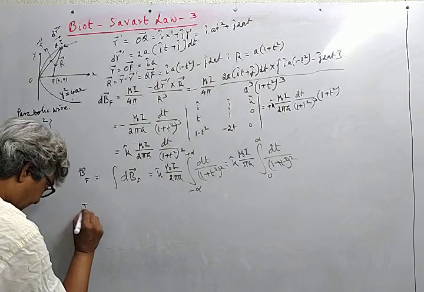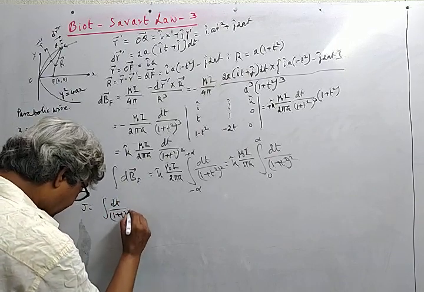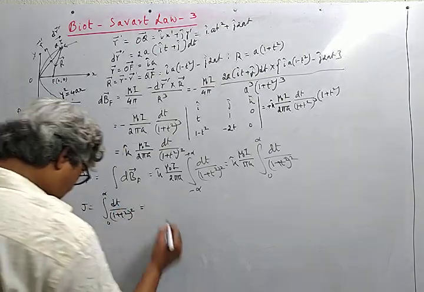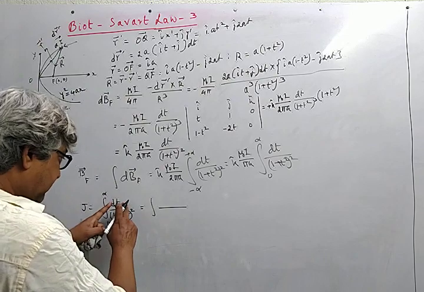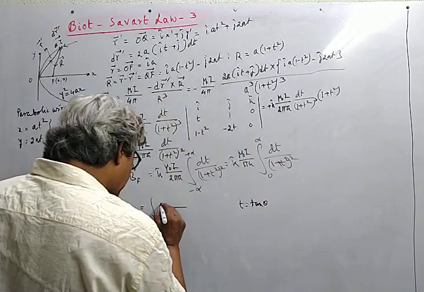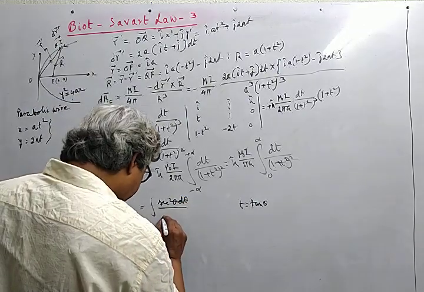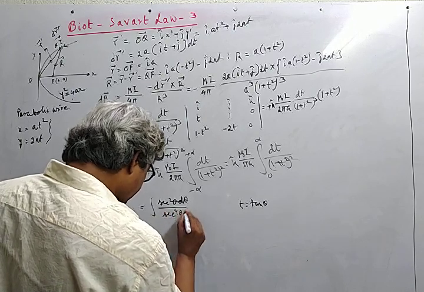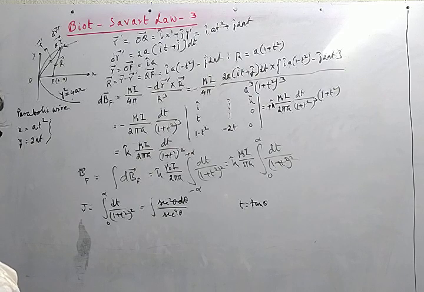We write t as tan theta, so dt is sec square theta d theta, and the denominator is 1 plus tan square theta, that is sec square theta, to the power 2.